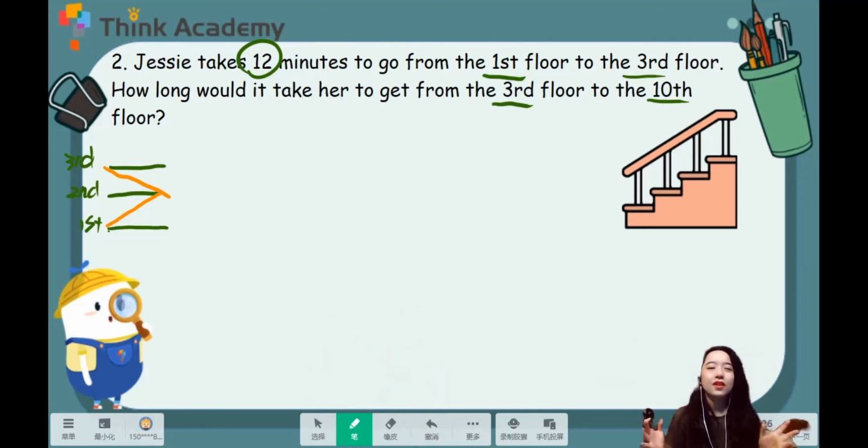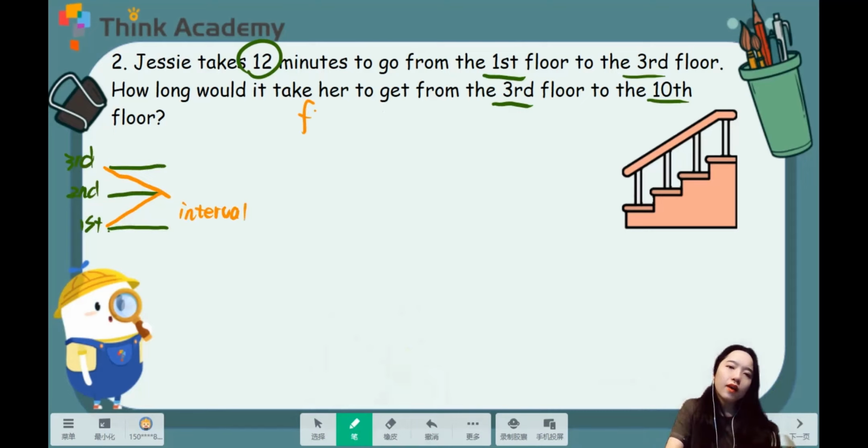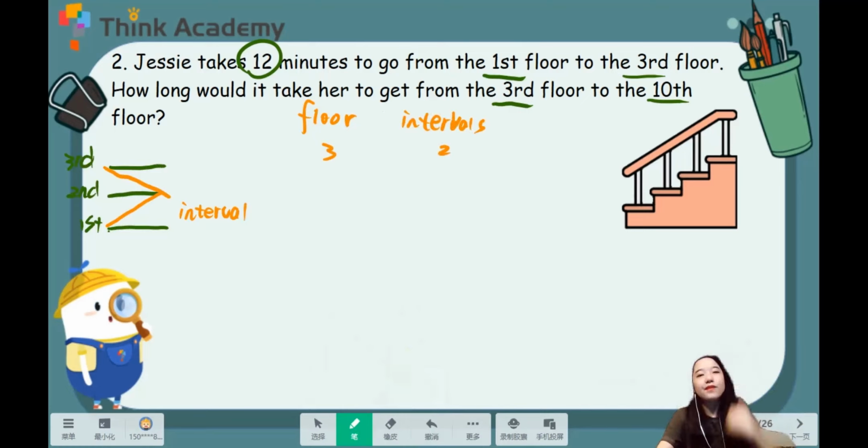When she climbs stairs, she spends time between every 2 floors. We call this an interval. When there are 3 floors, there are only 2 intervals. So she spent 12 minutes on 2 intervals, 6 minutes each. We need to divide 12 by 2 instead of by 3.